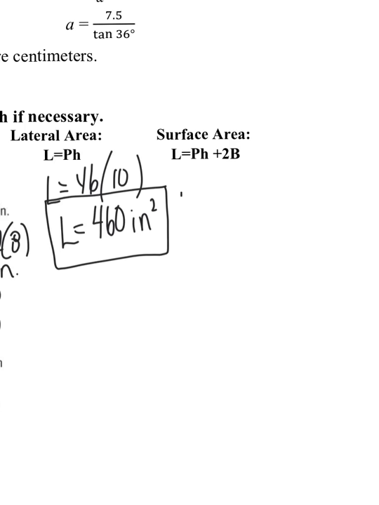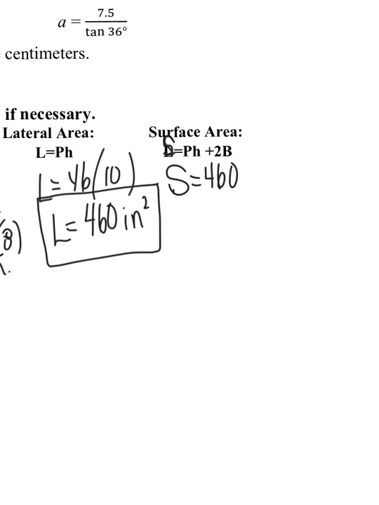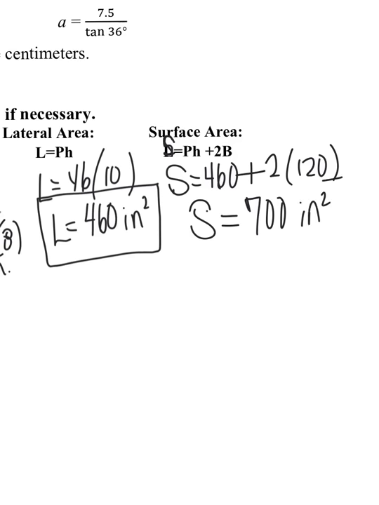So, and again, we're going to change this to an S. 460. The area of the base was 120. So I have two bases. So 2 times 120. Total surface area is 460 plus 240. It's 700 inches squared.